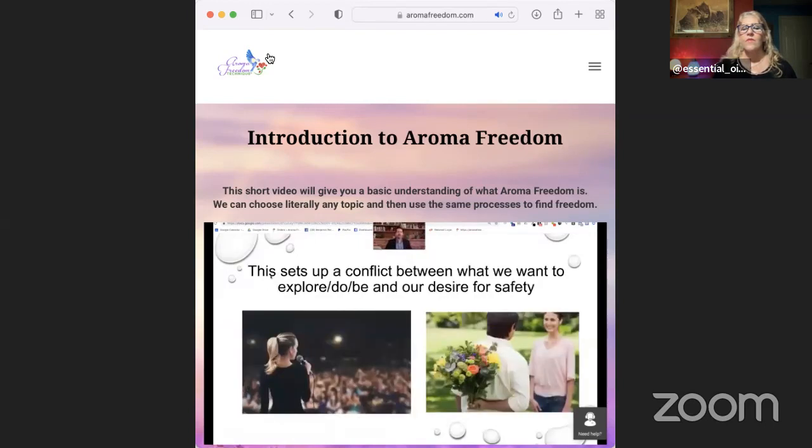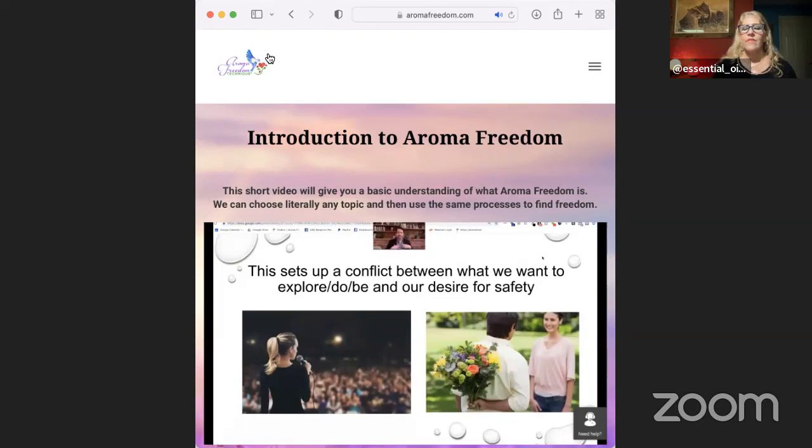So what this does, though, is it really sets up a conflict between what we want to explore or do or be and our desire for safety. Let's say a person wants to be a public speaker, and yet there's an inner voice saying that that's scary, the inner voice that's saying that people will laugh at you, right? So there can be a conflict and a lot of anxiety.